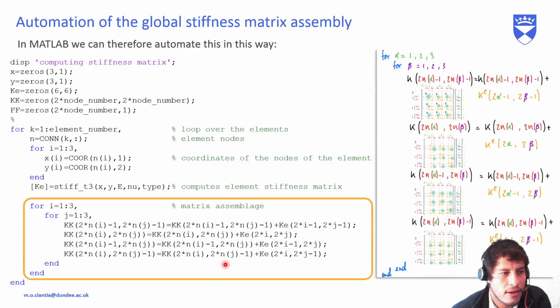Okay, and here is just to show you, for example, for alpha, well, here it's i equals 1, 2, 3, and beta 1, 2, 3. Let's say alpha equal to 1, then we enter in this loop. For beta equal to 1, so alpha is 1 and beta is 1, what do we do?